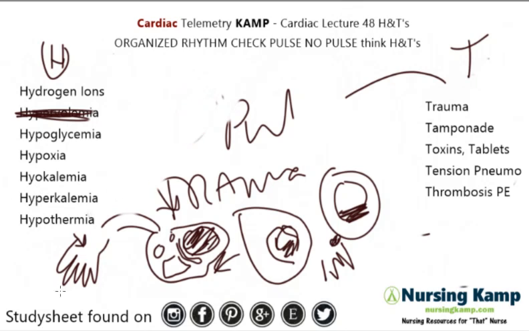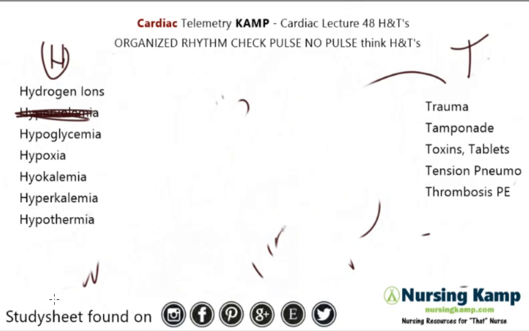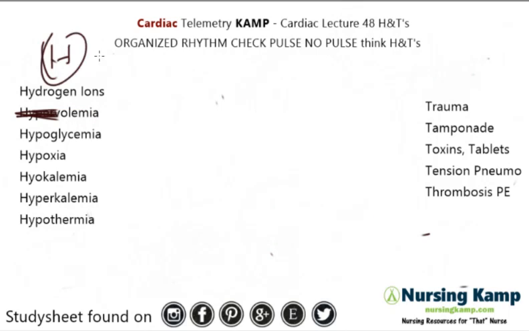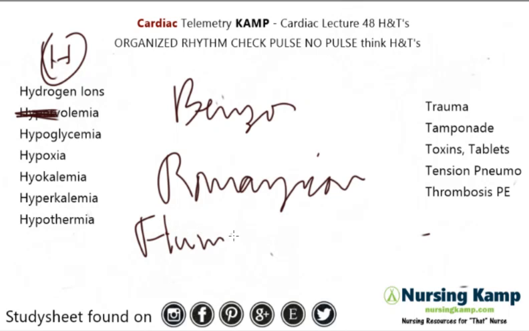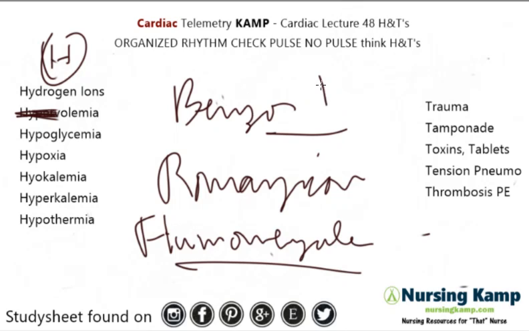The next is toxins or tablets. More specifically, benzodiazepines, like Ativan, Valium, benzos. And the antidote is Romazicon, or flumazenil. The problem with giving that is it sends them into potential seizures when you reverse it.